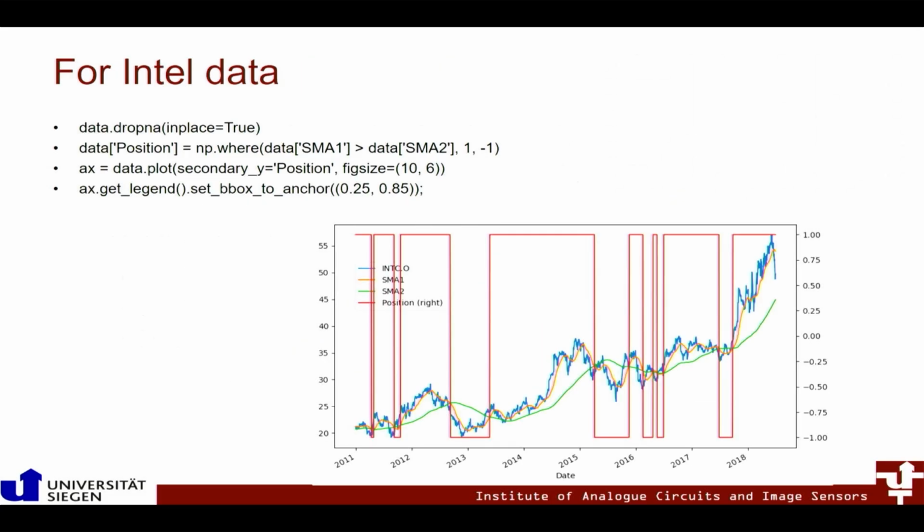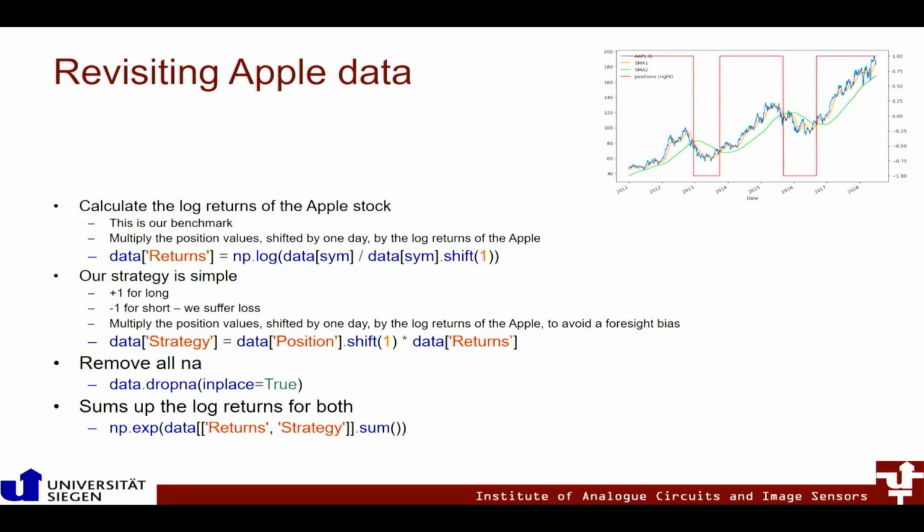So one way to check that will be to identify a returns vector. And now we are looking at the log return. Remember yesterday we talked about percentage change in share or log change in share. So we need to define a returns series, and then we just say, okay, for long, our strategy is simple. We go +1, and -1 if we suffer loss.